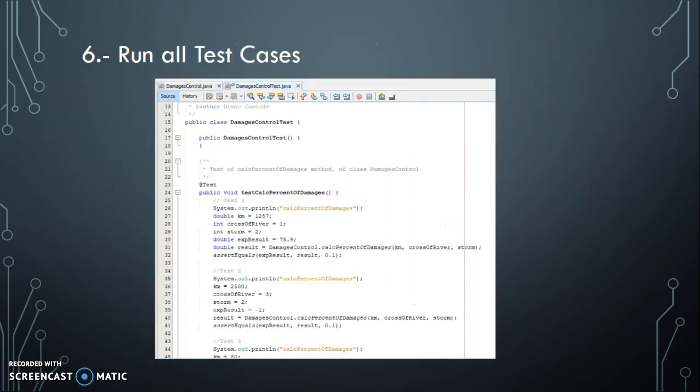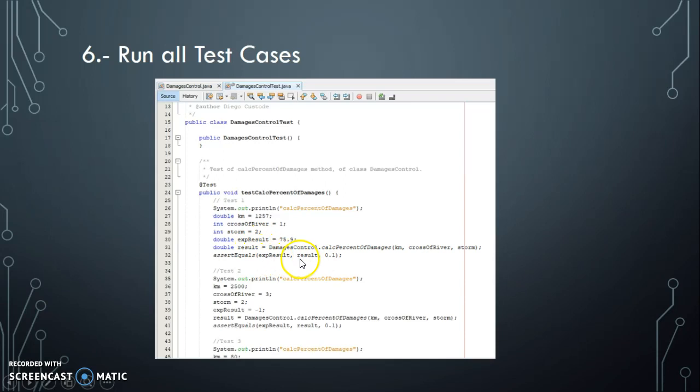After that, we run the test, passing every input, because in this case we have 3 inputs, and the result or output we saw in the last slide, and the result is compared to the expected result.